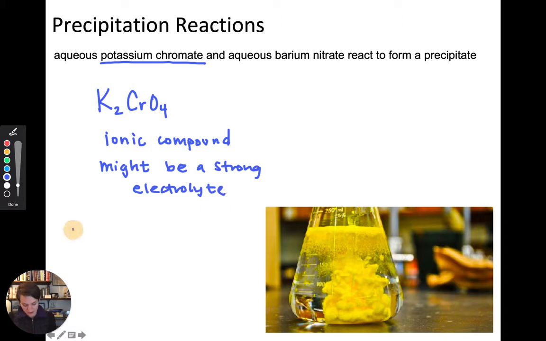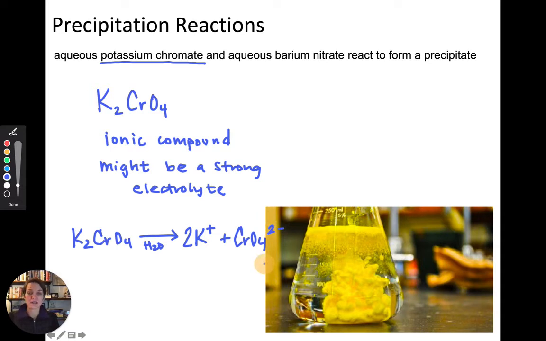If it is a strong electrolyte, then we know that K2CrO4 in water is actually going to exist as 2K+ and CrO4 2-. That cation and anion pair are not so attracted to each other that they do not break up, right? So the introduction of water molecules is going to cause them to break apart, and you have this complete separation of those cation anion pairs.